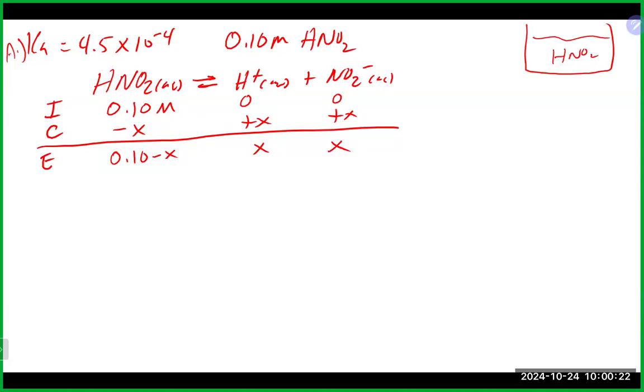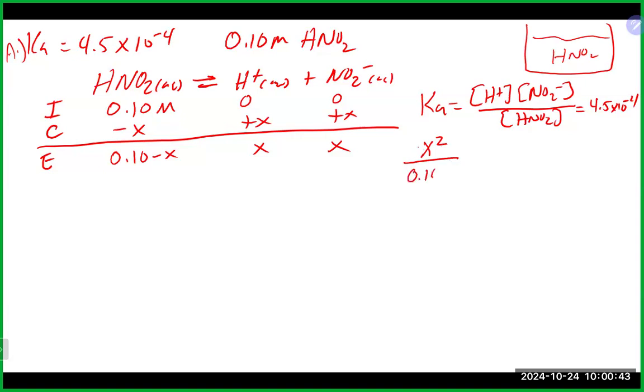Like normal, we're going to go into our Ka expression here, which is in this case the concentration of H plus times the concentration of NO2 minus divided by HNO2, and obviously that equals our 4.5 times 10 to the minus 4. Popping those numbers in is going to give us basically x squared divided by 0.1 minus x equals 4.5 times 10 to the minus 4.